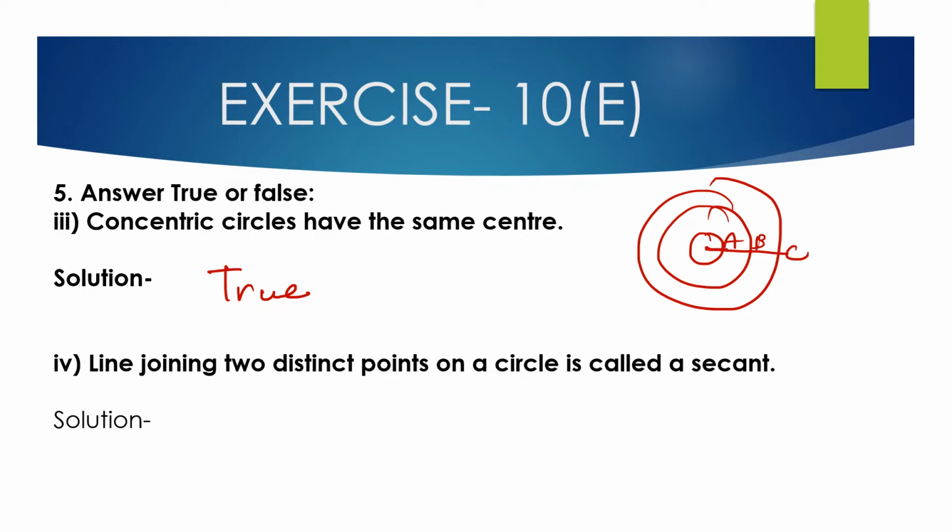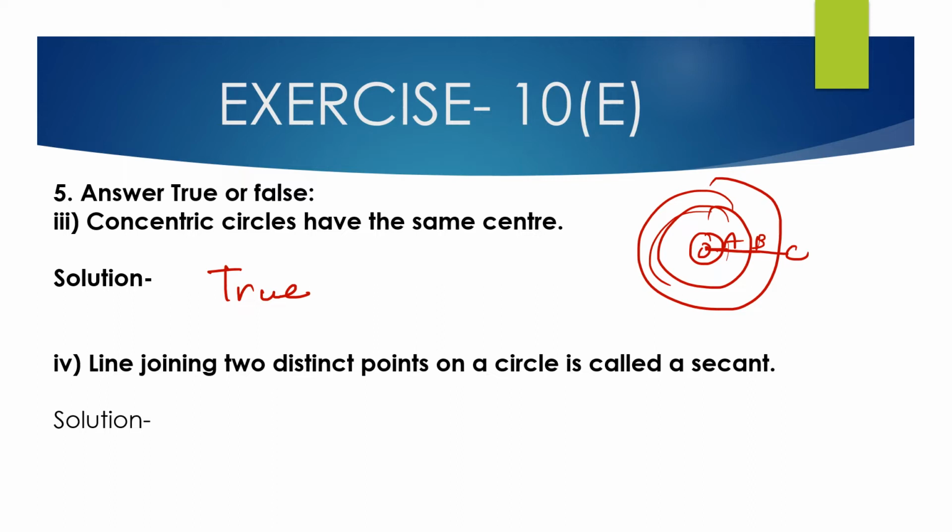OA is the radius of the inner circle, and OB is the radius of the next circle, and OC is the radius of the outermost circle. So this is true. Concentric circles have the same center.